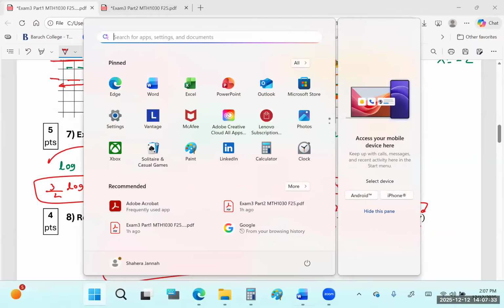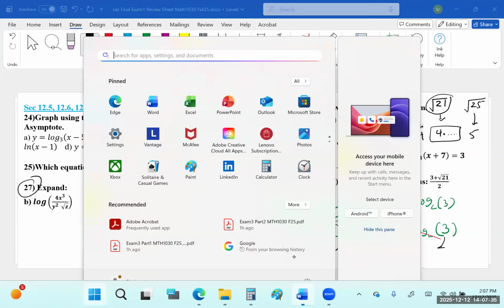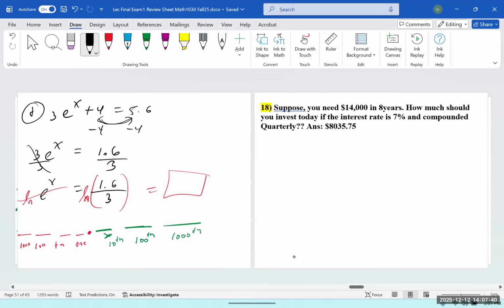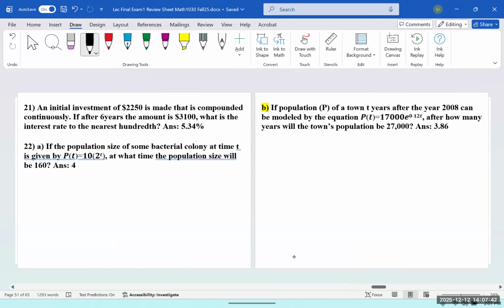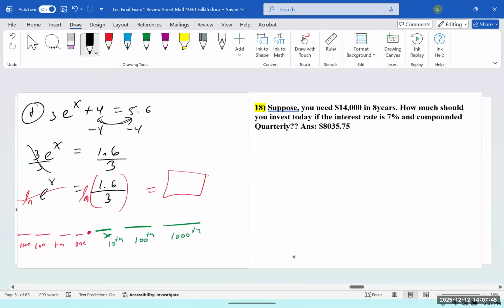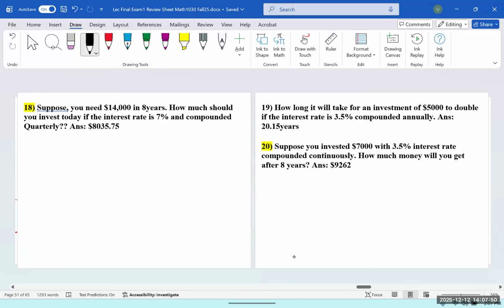Now, basically I went over every question from the review sheet. Well, actually, yeah, I went over the population and this, but let me tell you a little bit about your money problem. Anytime you have compounding, not continuously.